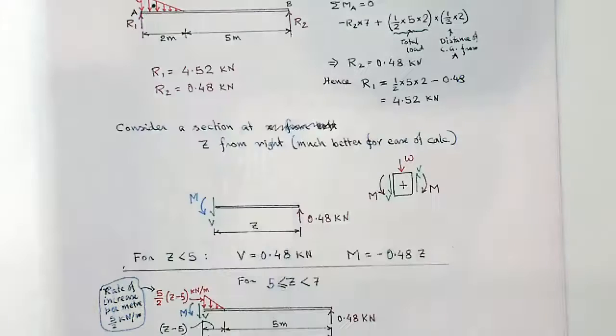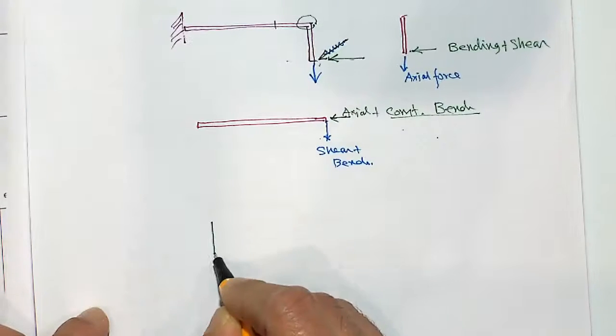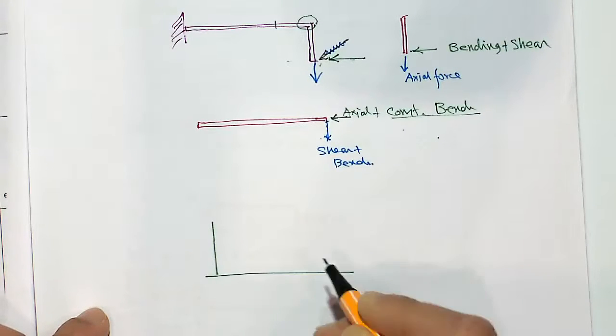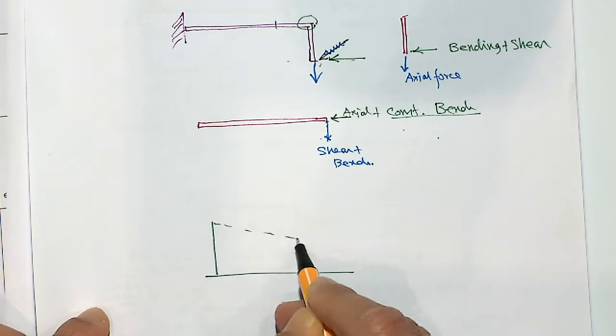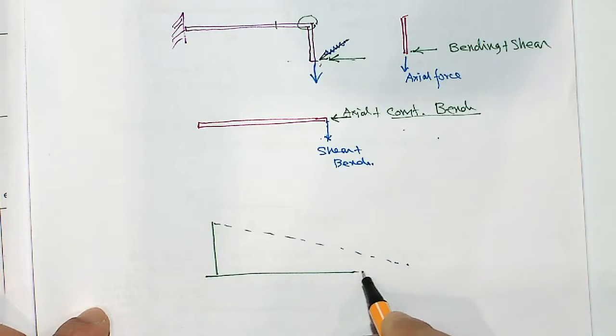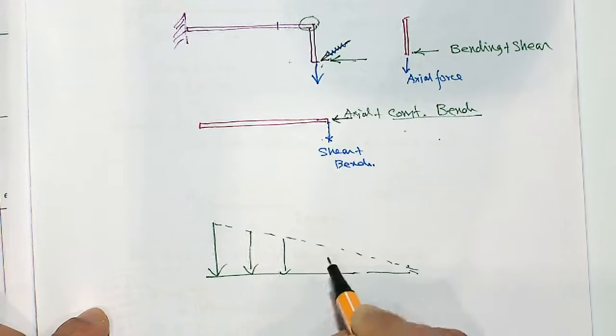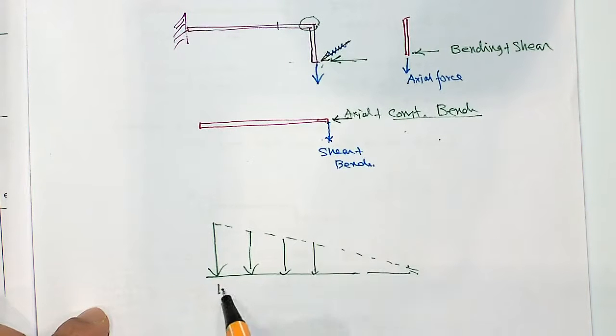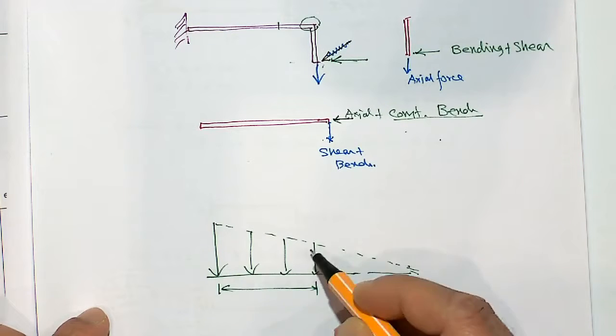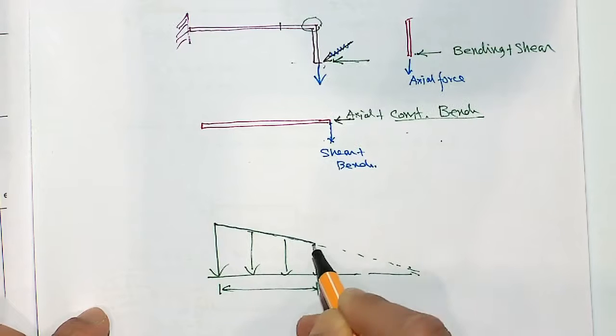For the centroid of a trapezoidal load, if you cannot avoid it, say you have got a triangular load like this and you are considering only up to here, so you have a trapezoidal load from there to there.